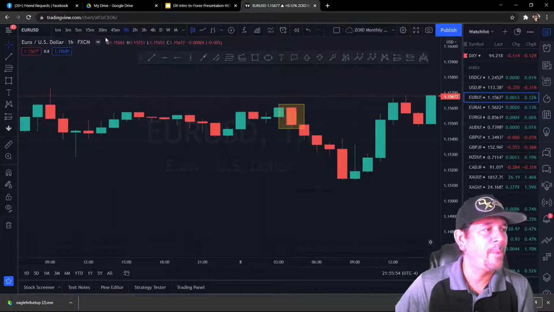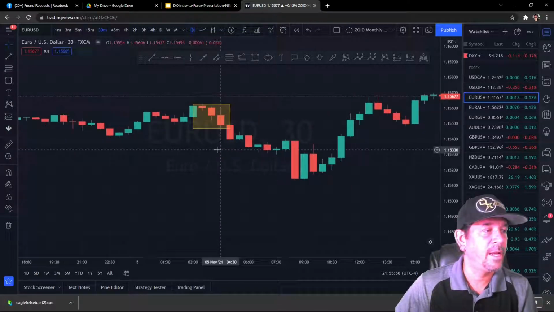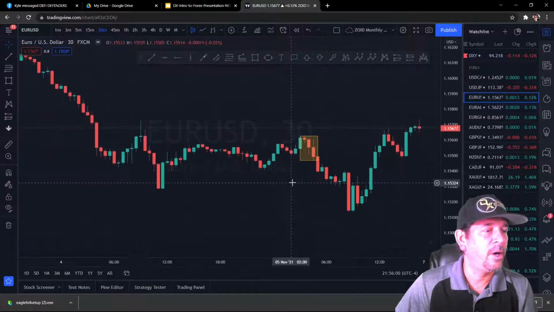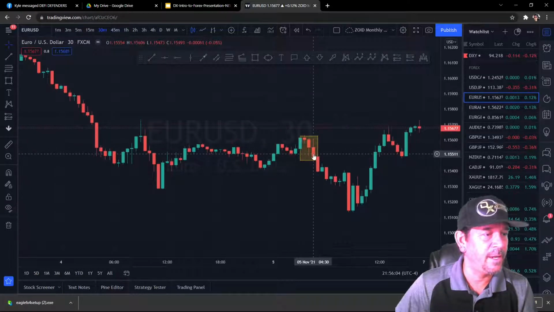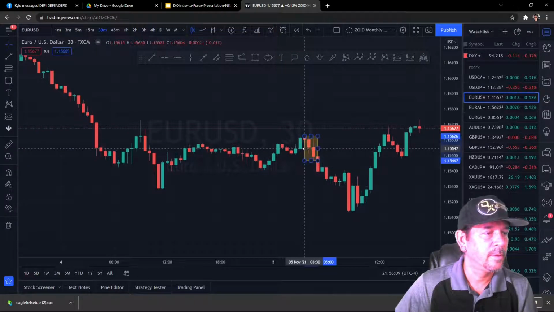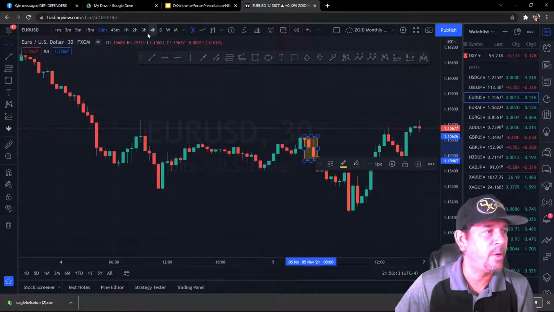Let's go to the 30-minute. There we are on the 30-minute. So it's really this candle and this candle, those are the two candles for the 1 hour candle. We'll go back to the 1 hour.